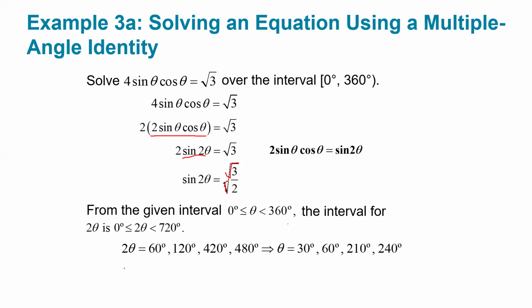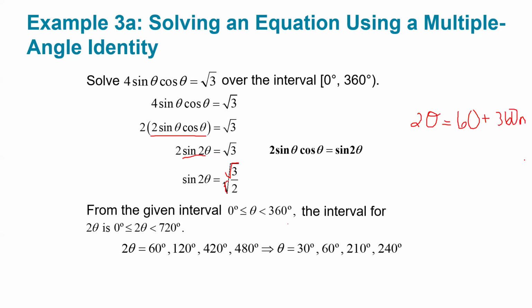So you're going to be taking each one of these, so 2 theta, and setting it equal to the 60. So 2 theta equals 60 plus 360 n, because you can go around the circle more than one time.